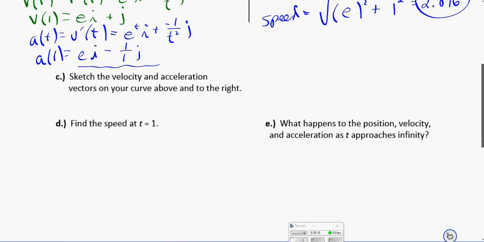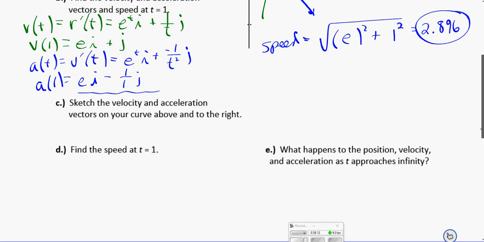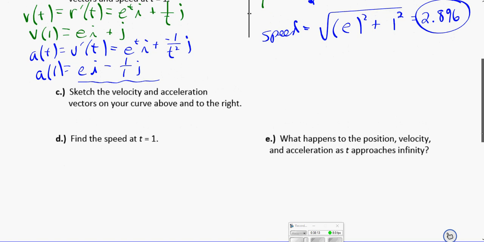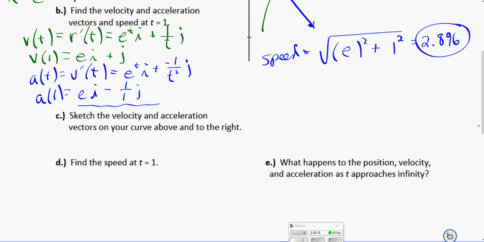All right. Now, what happens to the position, velocity, and acceleration as t approaches infinity? Remember, we're just going to take limits at infinity. We have to do it in both the horizontal and the vertical direction.